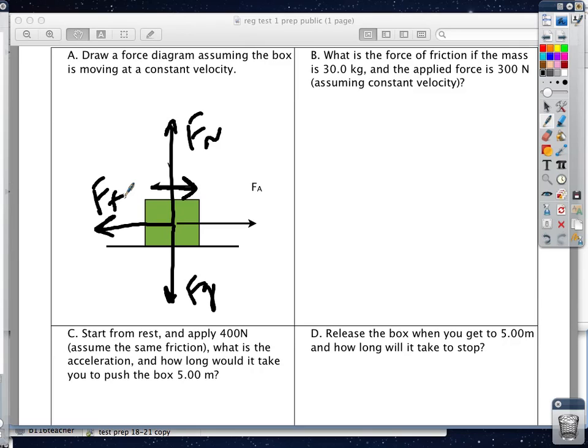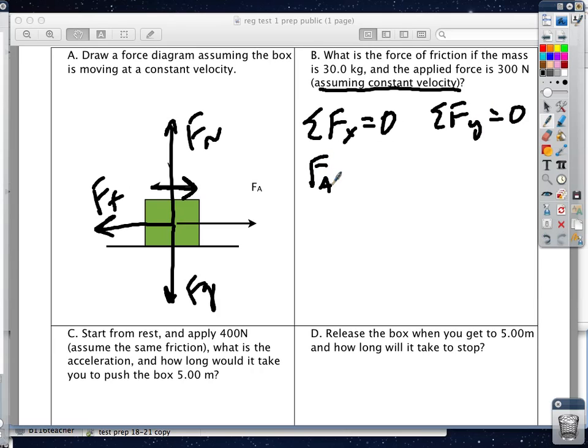And then the force of friction, so you got to find this. So since it's constant velocity, the sum of the forces in the x is 0, the sum of the forces in the y is 0. Say FA is equal to FF. I can say Fn is equal to Fg. And then we know that FF, what is the force of friction?